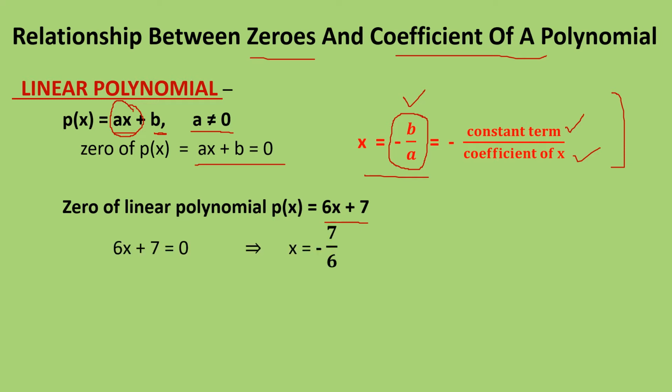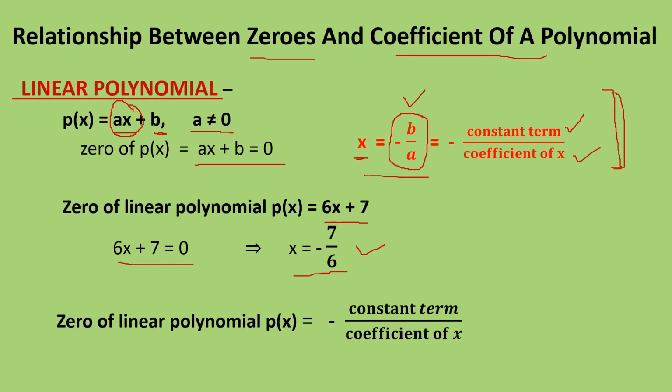So let's find out. Our linear polynomial is 6x + 7, and then we have to find the zero. We will equate it to 0. And when we solve, we get x = -7/6. So this is the zero of the polynomial. Now we will use the coefficients of the polynomial. We know that the zero of the polynomial we can also find with the coefficients of the polynomial.